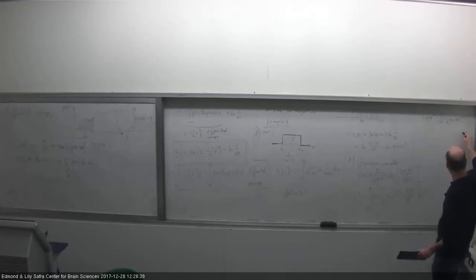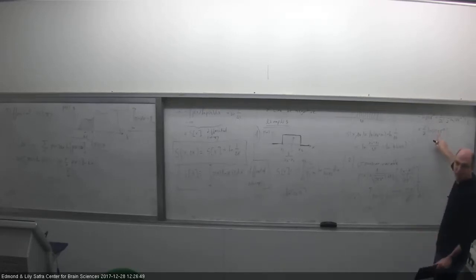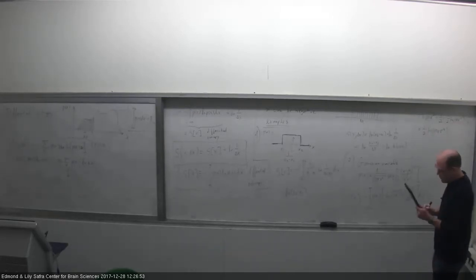And then if I want to put the half inside, I can also write this as half ln of 2 pi e sigma squared, because the natural logarithm of e is 1. So that would give me this term.